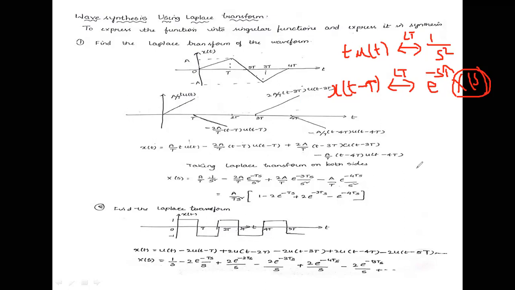Now you can take all the terms. a is a common term, T is a common term, and s square is also a common term. So the first term is a by T s square, times 1 minus 2 e power minus Ts, plus 2 e power minus 3Ts, minus e power minus 4Ts.